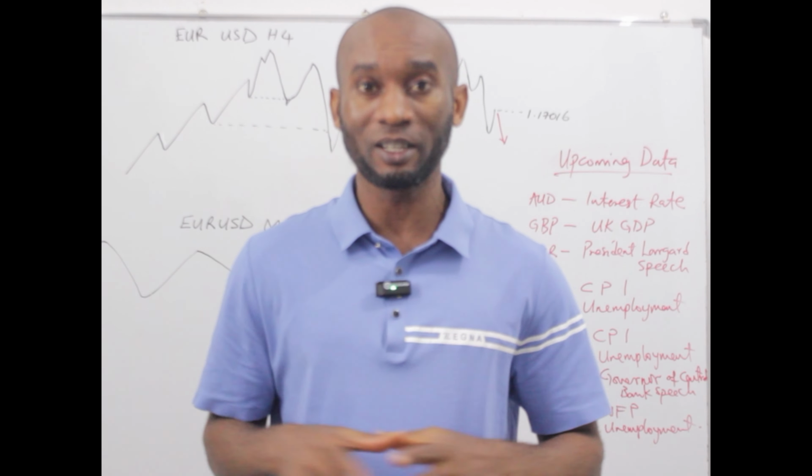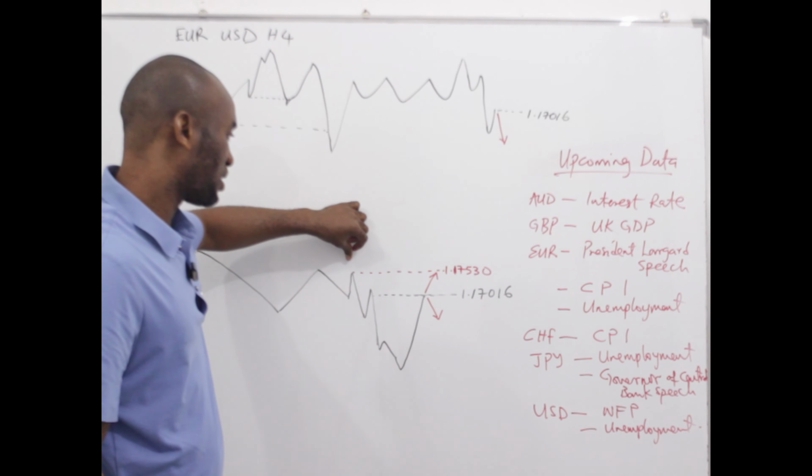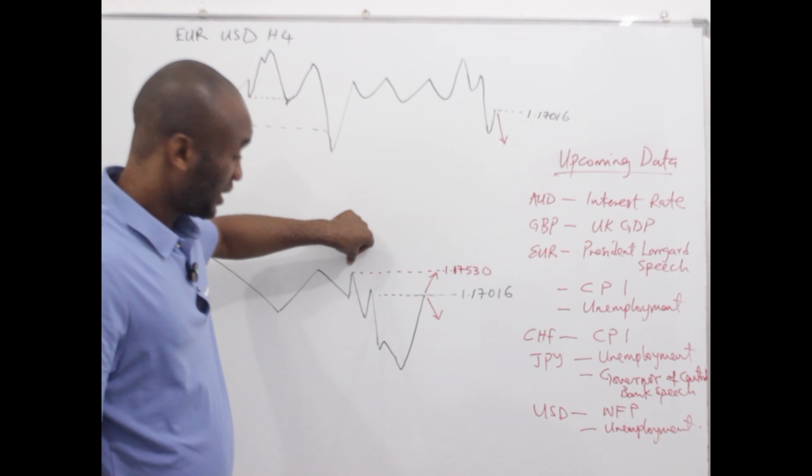We have some kind of resistance, and that is where this lower high is, exactly at this price. So I'm expecting this instrument, Euro USD, to break this lower high. When it breaks this lower high, that means it has broken two conspicuous lows.